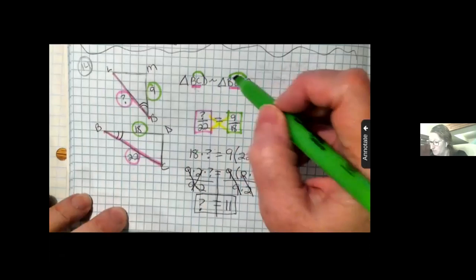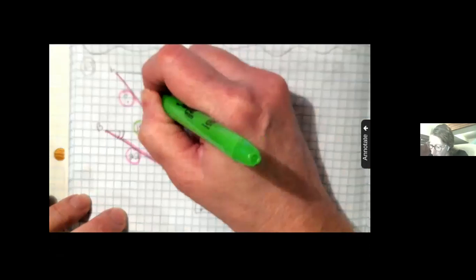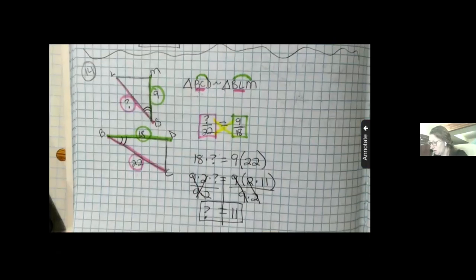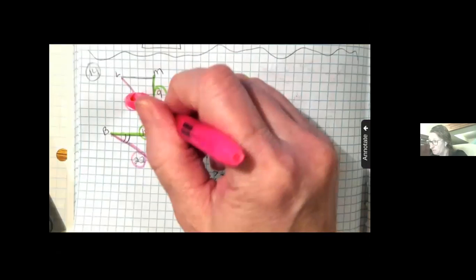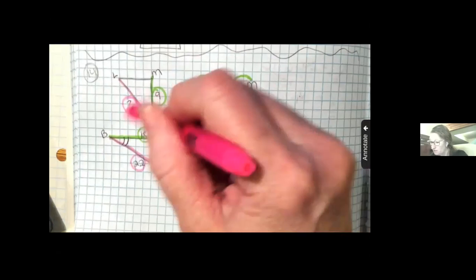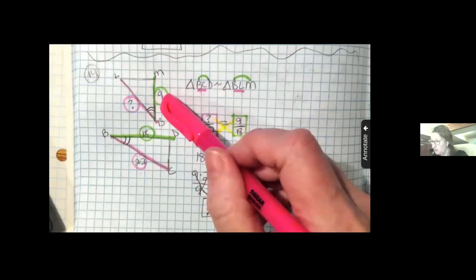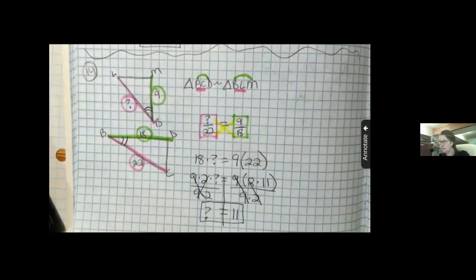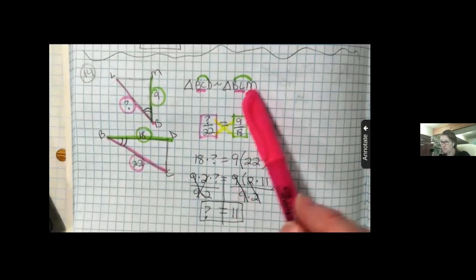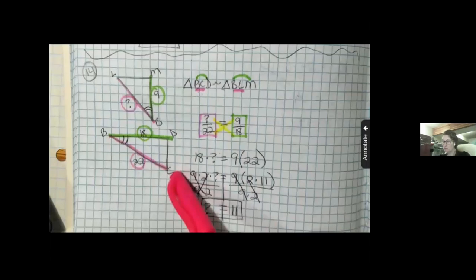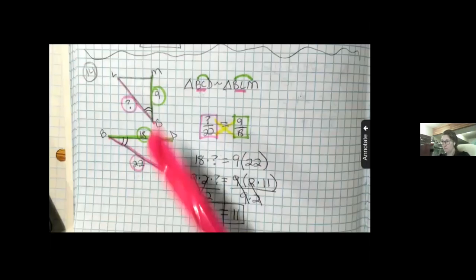BD and BM are the same. So then I just go triangle to triangle, and I simply go from the top triangle first to the bottom triangle, and the top triangle to the bottom triangle. It doesn't matter where the sides are, because they told me they're similar. It doesn't matter the orientation. I just need to know what side goes to what side. Does that kind of make sense?